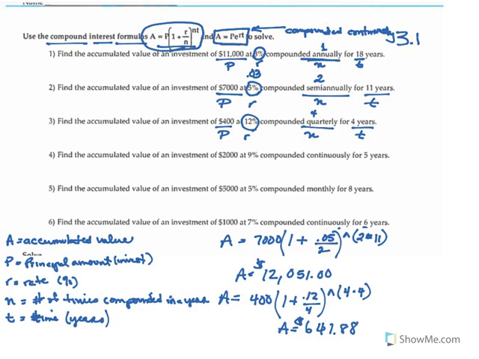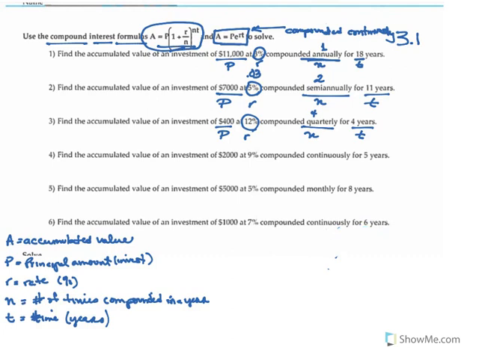All right, for the next one, find the accumulated value of an investment of $2,000. That's P. 9% is R, compounded continuously. This is where the other equation comes into play. Anytime you see compounded continuously, there is no N, because it's compounded every second of every day.